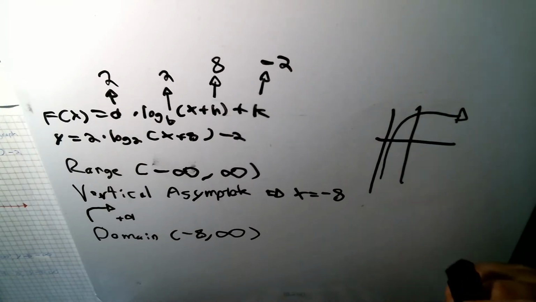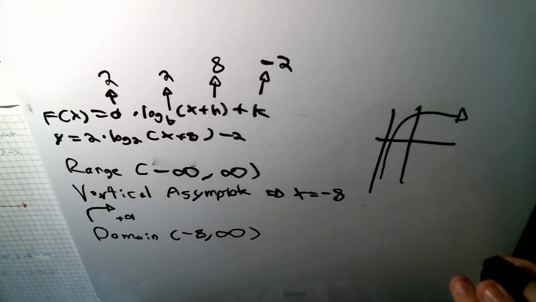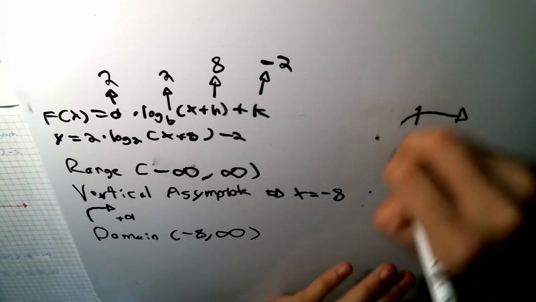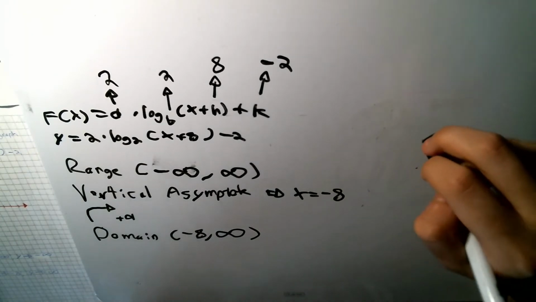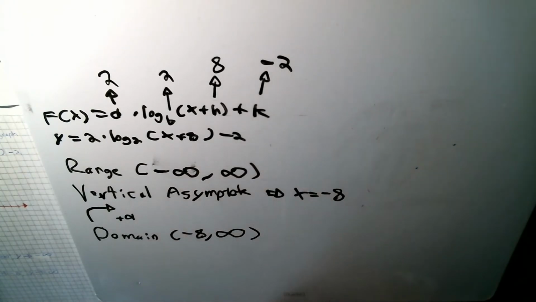This is a very wrongly done sketch, but you get the idea. Okay, let's move on. This is the information that we can gather by just looking at the formula.